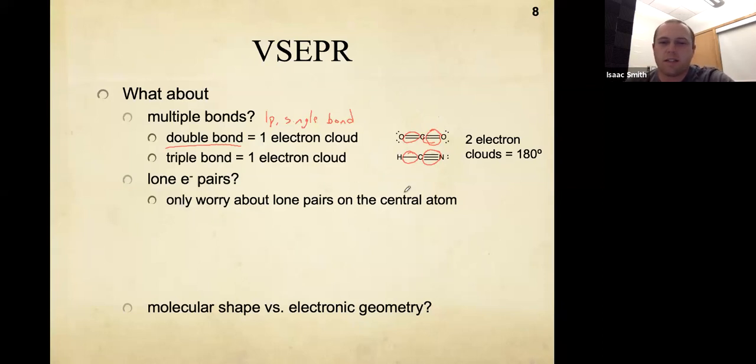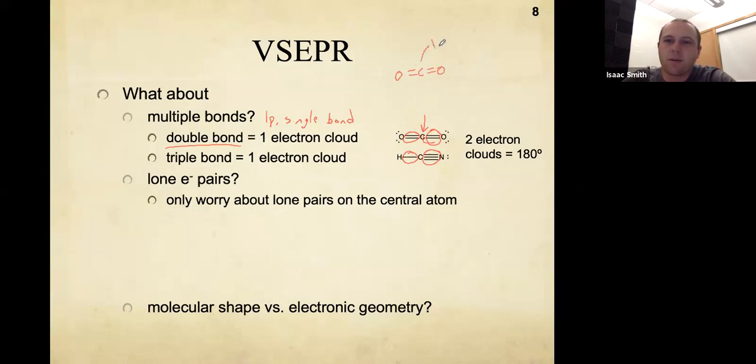Lone pairs, yeah, they only count if they're on the central atom, right? So these lone pairs don't count as an electron group around carbon. They would only count as an electron group around oxygen. So when you're talking about shape, it's not referring to a whole molecule. It's referring to the shape or the geometry around a single atom, okay? So if I redraw this, this is carbon dioxide, okay? There's 2 electron groups around carbon.